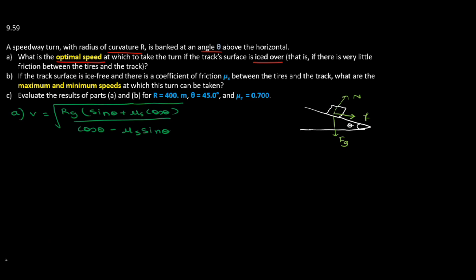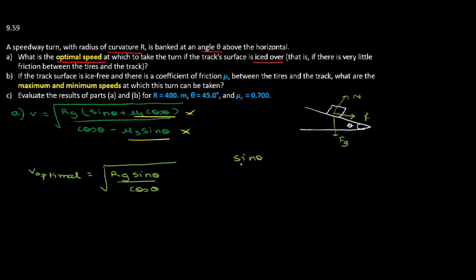So if I consider mu s to be 0, I get the expression for the optimal speed V optimal equal to square root Rg sine theta over cosine theta. Now we know that sine theta over cosine theta is equal to tan theta. I will substitute that here.